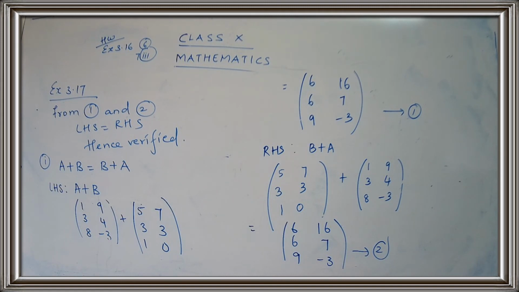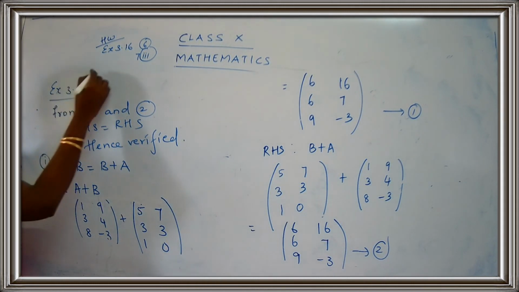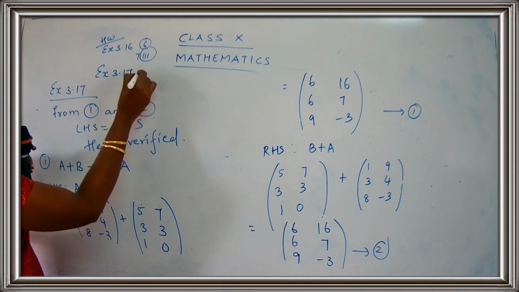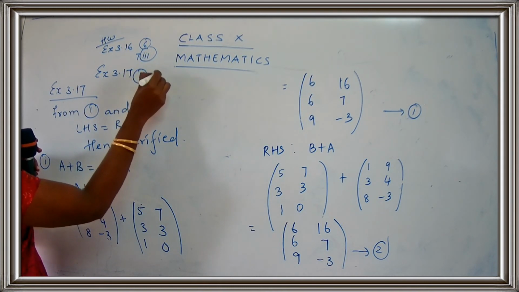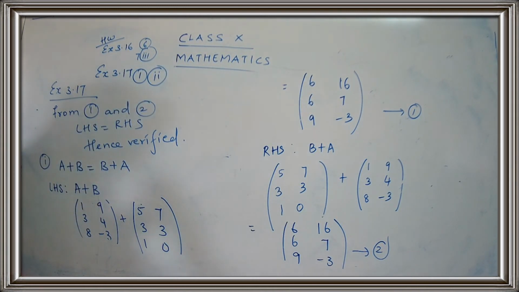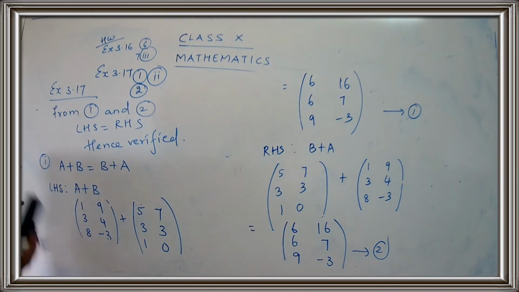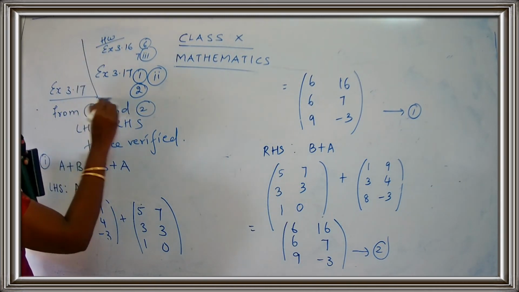Yes. Okay, you have one more work. Just get ready with your homework, children. You have to complete exercise 3.17, question number 1, the second subpart, and also question number 2. So totally you have 4 sums, okay, children?